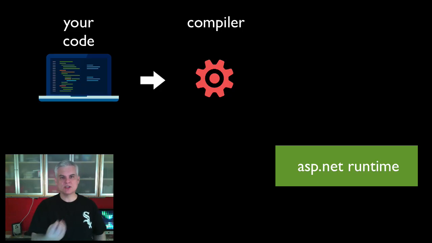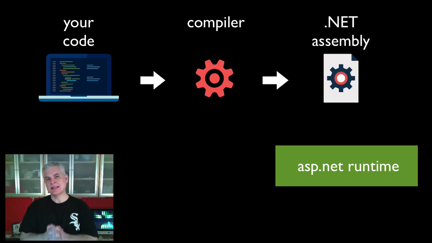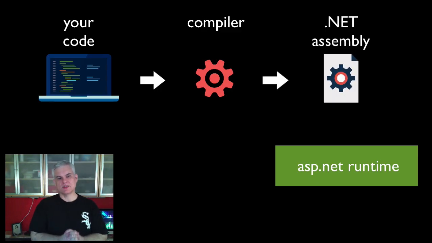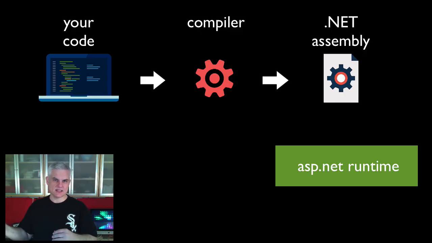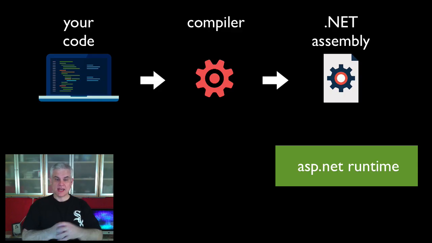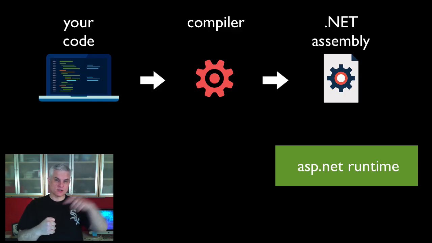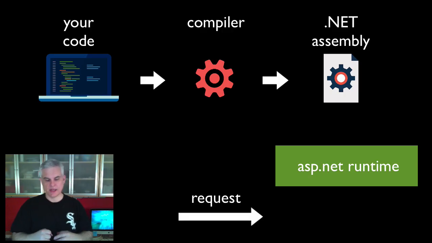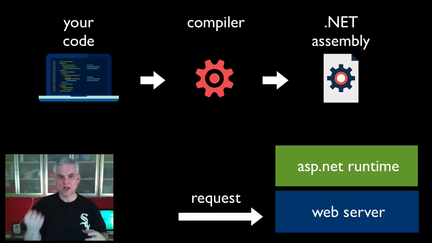So we compile this code into what's called a .NET assembly. It's one or more files, typically one file, with either a .exe extension or, in the case of web applications, a .dll file extension. And that will be used and referenced whenever we want to serve up a web page. A web server will launch ASP.NET.